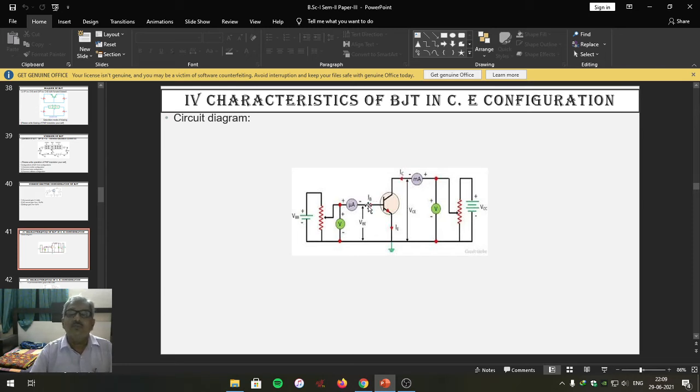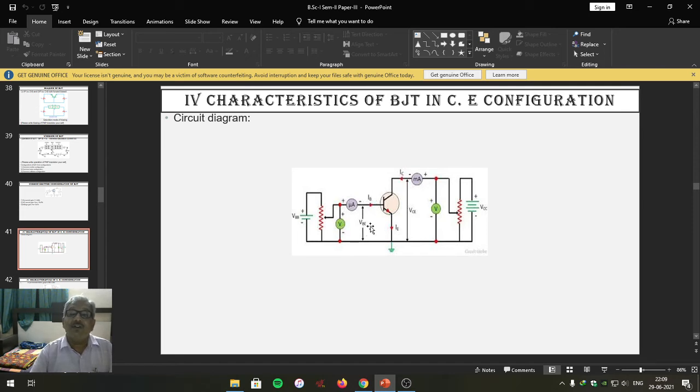We now have readings of IB and VBE for a fixed voltage of VCE. If you want to get another input characteristic, change the collector to emitter voltage to another value, keep it fixed with this rheostat, and again perform the same process: vary VBE and note down IB, and plot the graph of IB versus VBE.